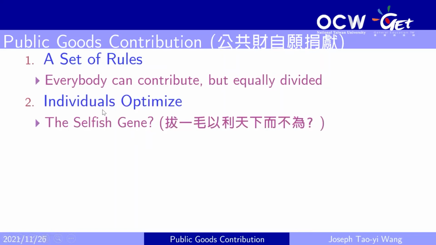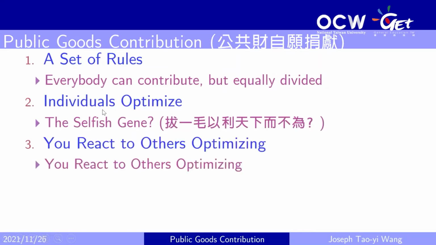But if everybody's doing that, then everybody's in a miserable state. But of course, it depends on what other people are doing, right? If other people are selfish, then you might want to retaliate. But if other people are contributing reasonably, maybe you should reciprocate.